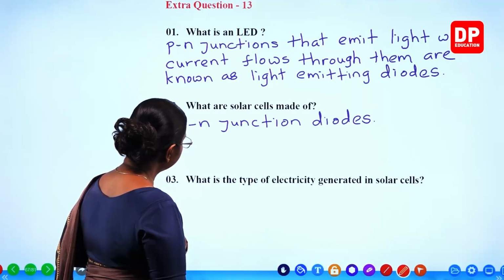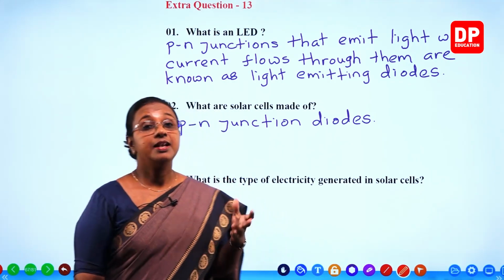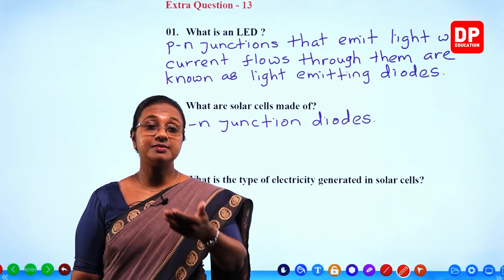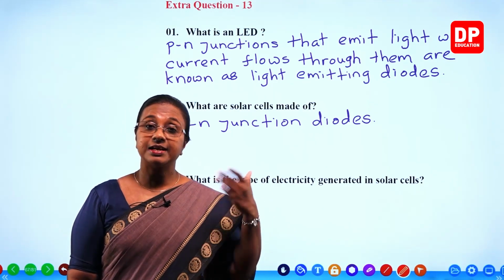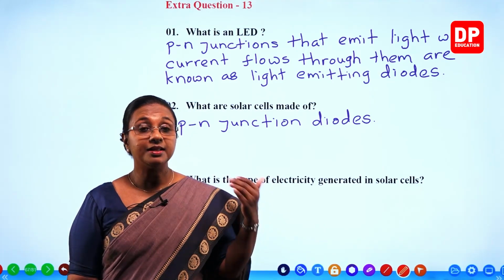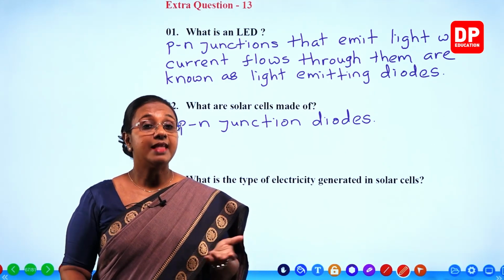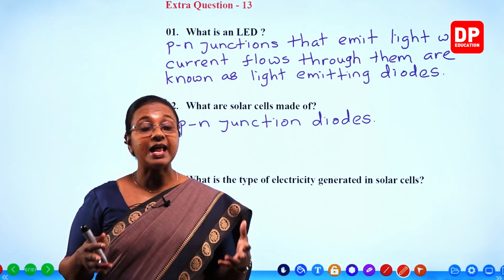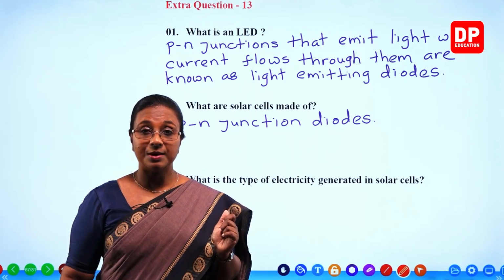So, the third one, what is the type of electricity generated in solar cells? Now, you can remember students, solar cells provide electricity to the household. Although that is connected with the main national electricity grid, the electricity that is generated is direct current. That is why we are able to use it in calculators, clocks and all those. There also you get the solar panels.